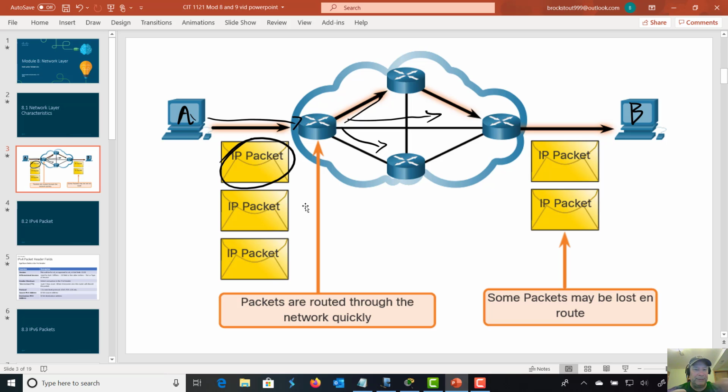Now, in this case, they've given an orange hue behind the top line. So it looks like when this router reads that destination IP address on this particular packet, it's going to say the best way for me to get to the network that device B is on is to send it up here to this router right here.